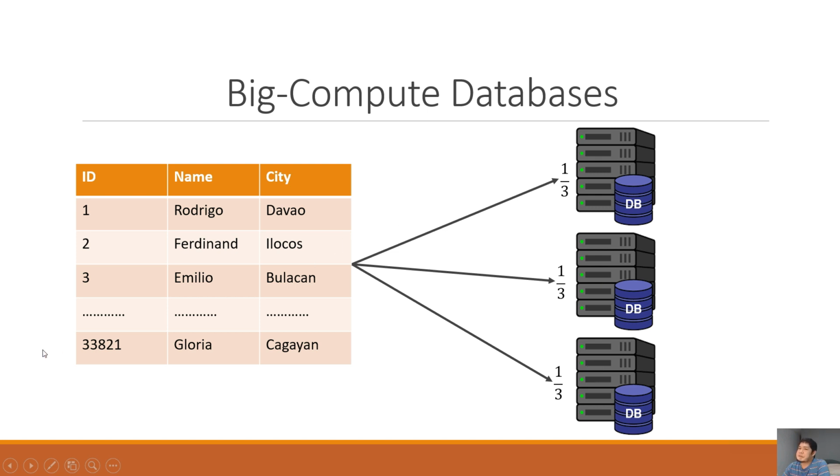But whenever the master database fails and one of the nodes or clusters also fails, then the data is no longer complete. One third of the full data is lost. So that's the problem of big compute databases, although it is faster.